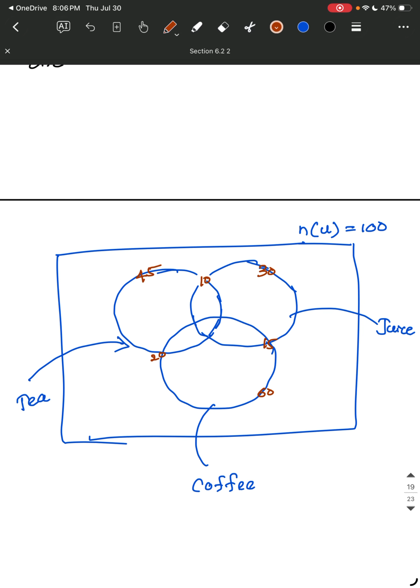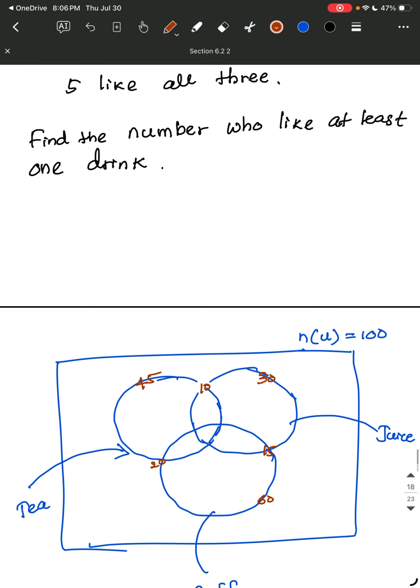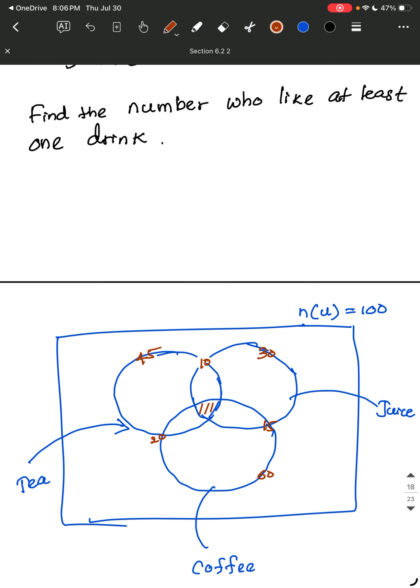Also, 5 like all 3. So all 3 contains this space, so the number of persons in that space equals 5.